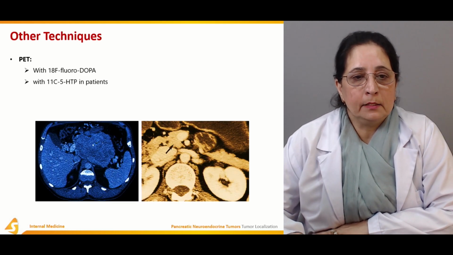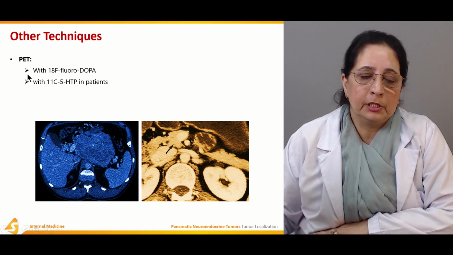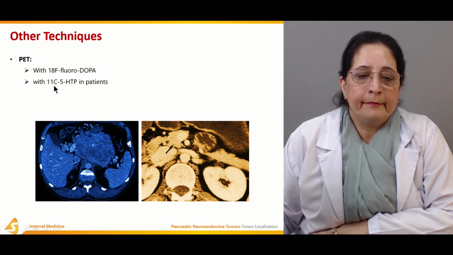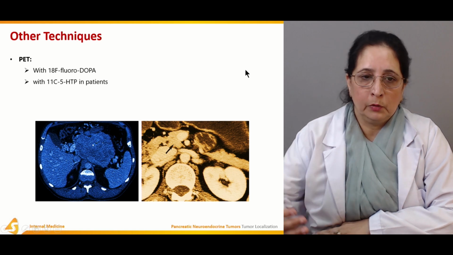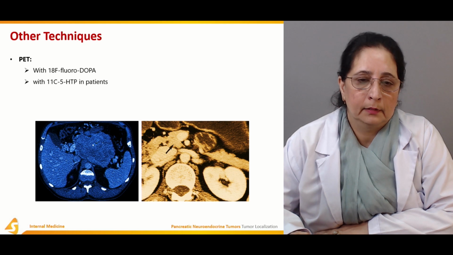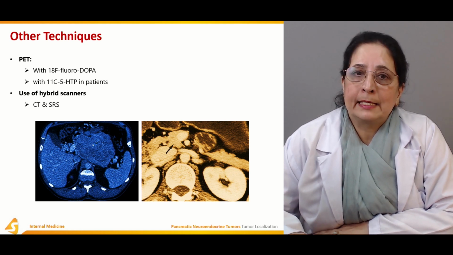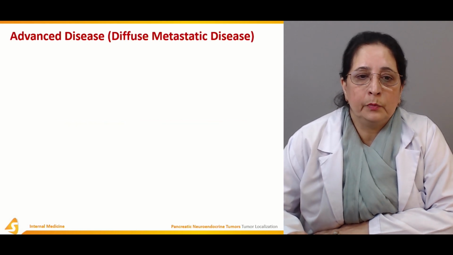Other techniques we can use are PET, positron emission tomography, with 18 fluorodopa and also with 11C 5-hydroxytryptophan in patients. So these are used for positron emission tomography. Use of hybrid scanners like CT and SRS can also be used.